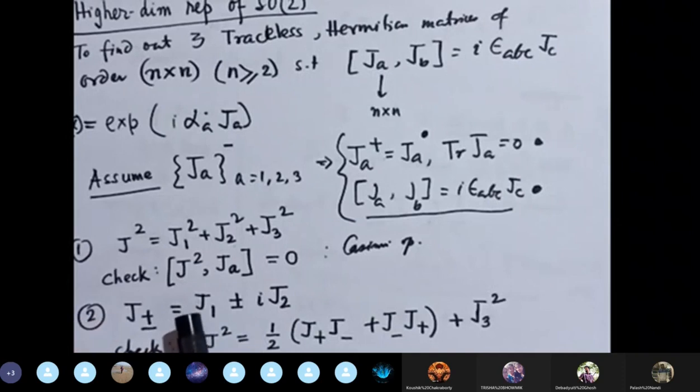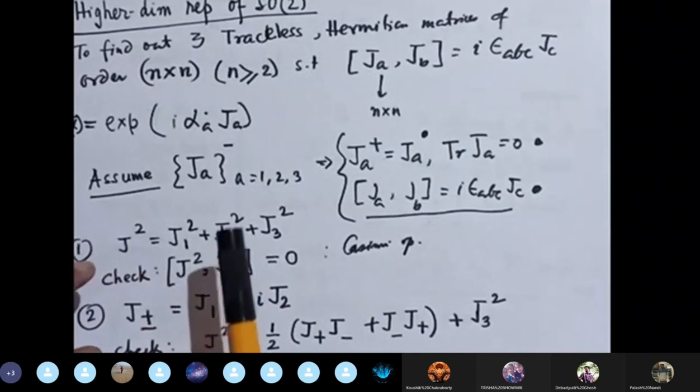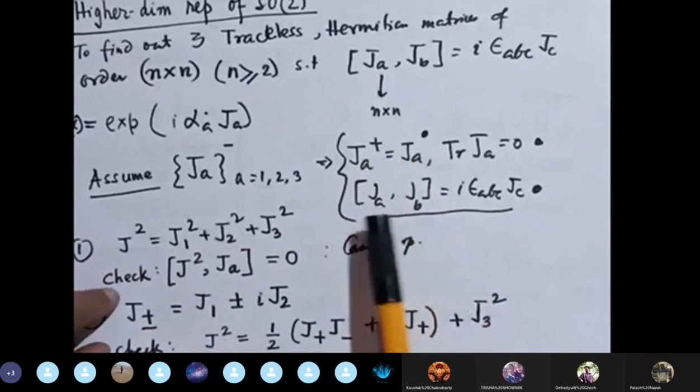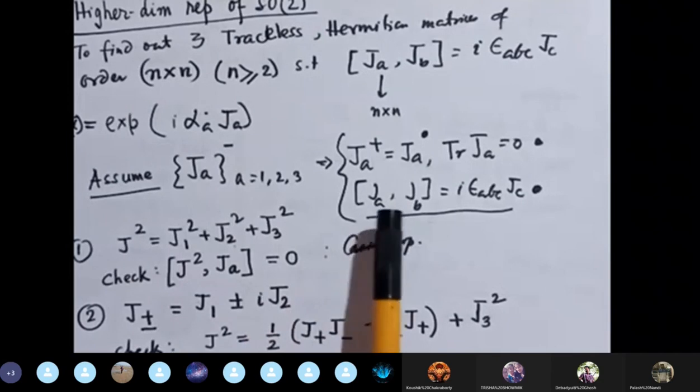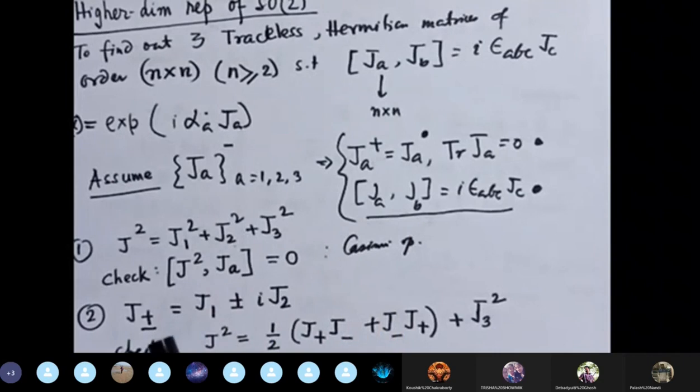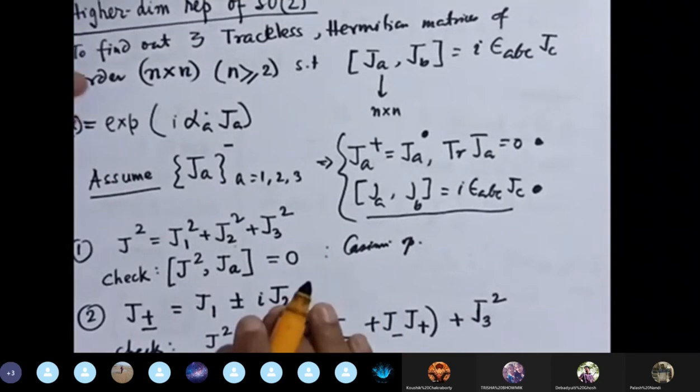So the entire Lie algebra, which is expressed by this commutation relation, I have redefined these generators in terms of a particular linear combination of these three generators, J1, J2, J3, and get J plus, J minus, and J3. Clear?